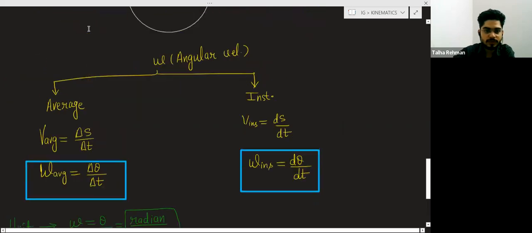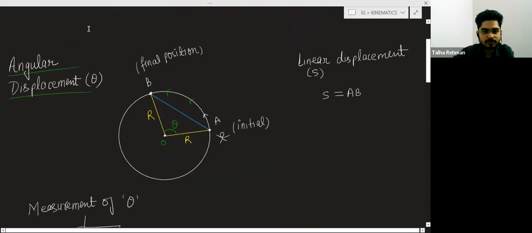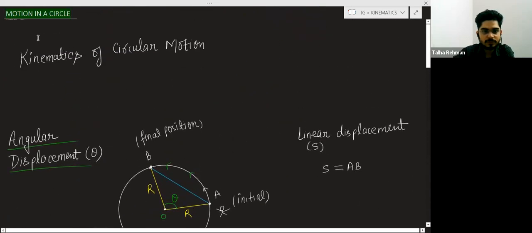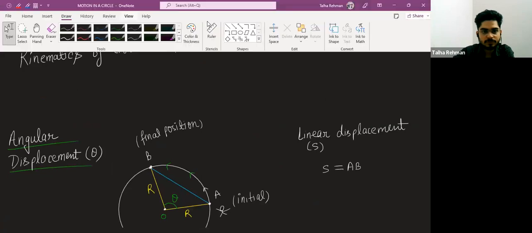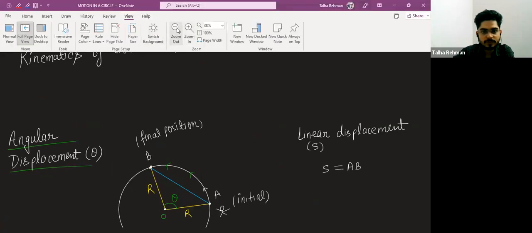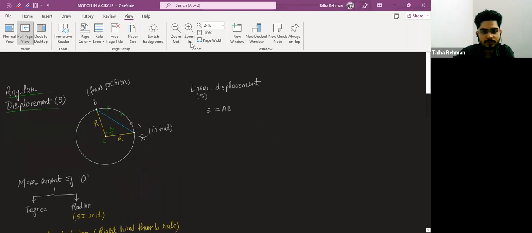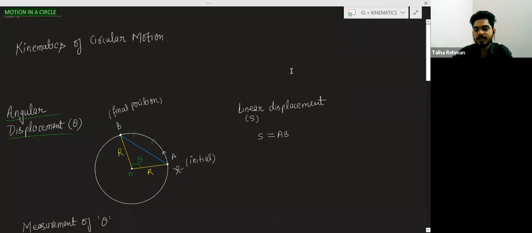Okay, now take the screenshot. Today's lecture will be very slow, because this circular motion is different from that linear motion, so it will take time to understand the things.